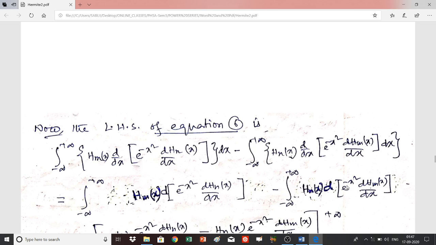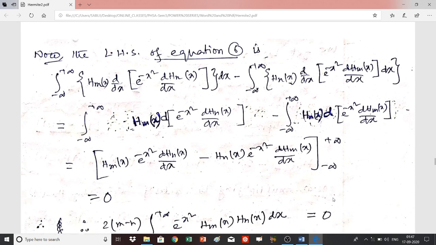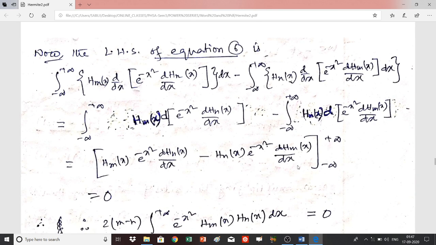Here dx will cancel. After integration, since the integral of d of x is x, you will have Hm(x) e to the minus x square Hn'(x), then minus Hn(x) e to the minus x square Hm'(x).